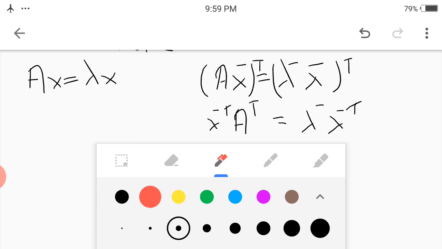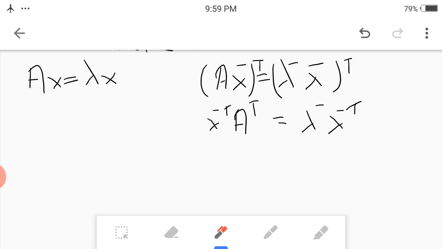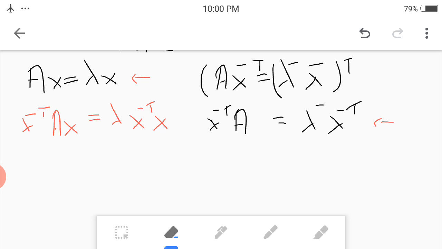Now let's multiply the first equation by x bar transpose on the left hand side. So you get x bar transpose A x equals lambda, which is a scalar value, times x bar transpose x. Now in the second equation, we are assuming A is a symmetric matrix. So what can you do about A transpose? A transpose becomes just A because it is a symmetric matrix.